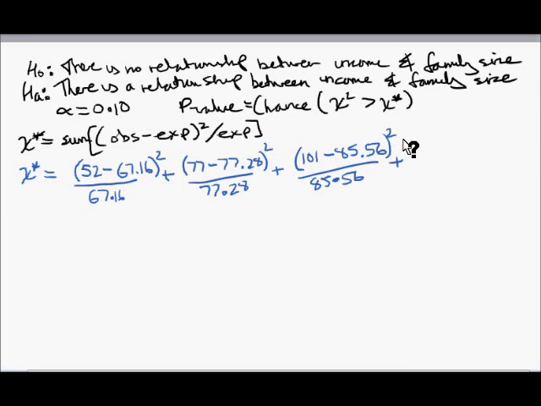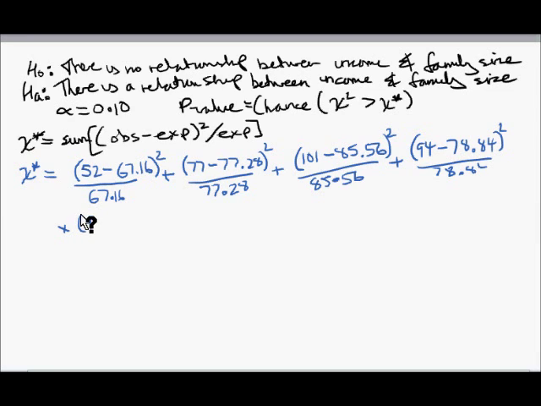The next one, we observed 94, we expected 78.84, square that divided by 78.84. So this gets a little tedious, but we're getting there. Got 2 more to go.